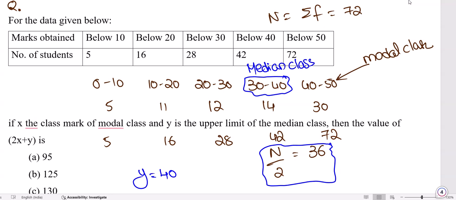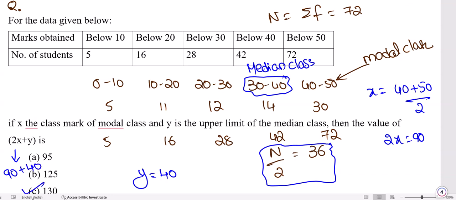For any class, class mark is lower limit plus upper limit divided by 2. In fact, you want the 2x value, 2x is 90. You want 2x plus y. 2x is 90, y is 40, answer is 130.